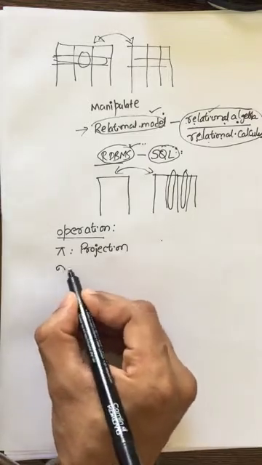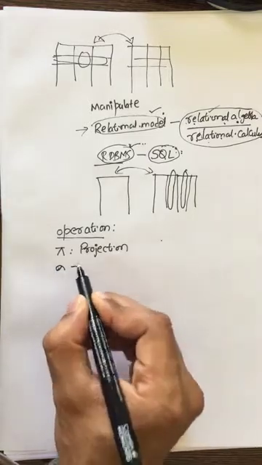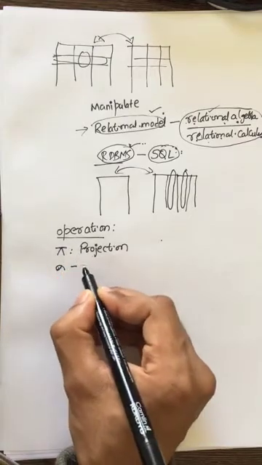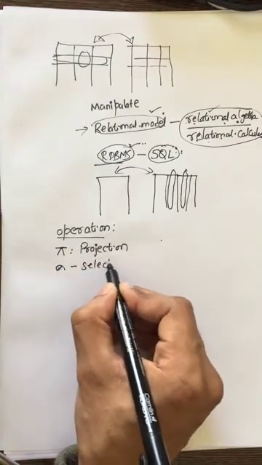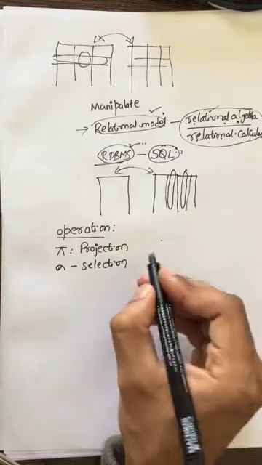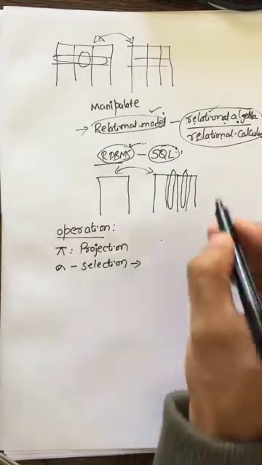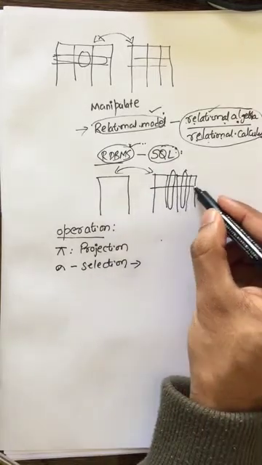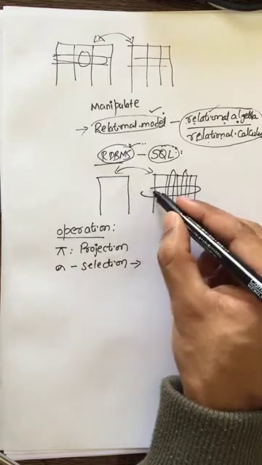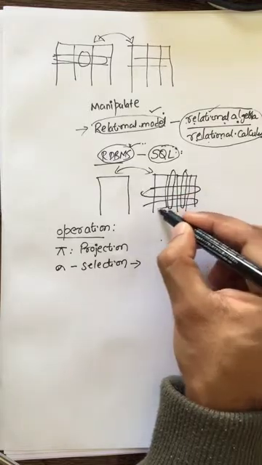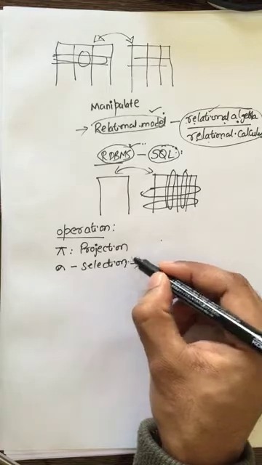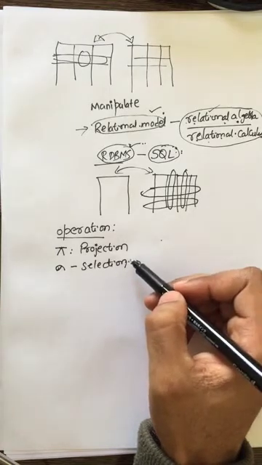And the next one is selection. Selection means we take the rows. This is selection. The select operation of SQL and the selection here are very different.